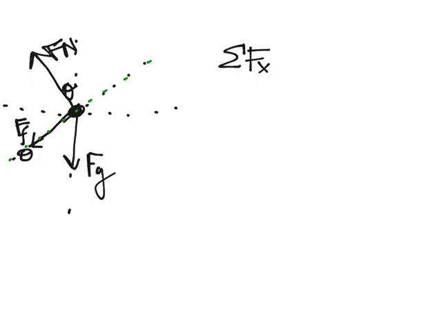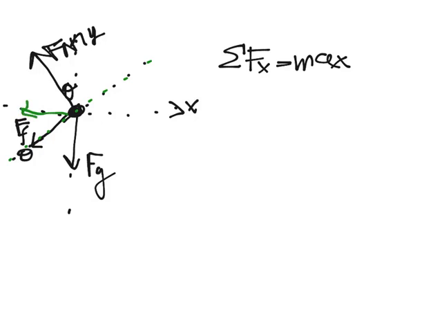So now that you've done that, we have sigma Fx equals max. Again, we're using this as our x direction and up and down as our y direction, not the weird tilted x and y. And the reason we're doing that is that ac is straight in the x direction.